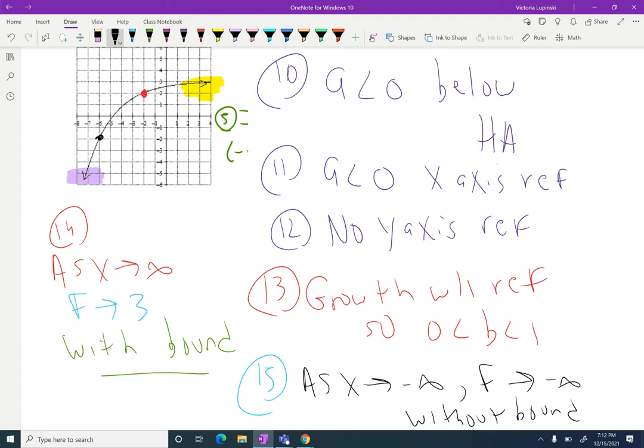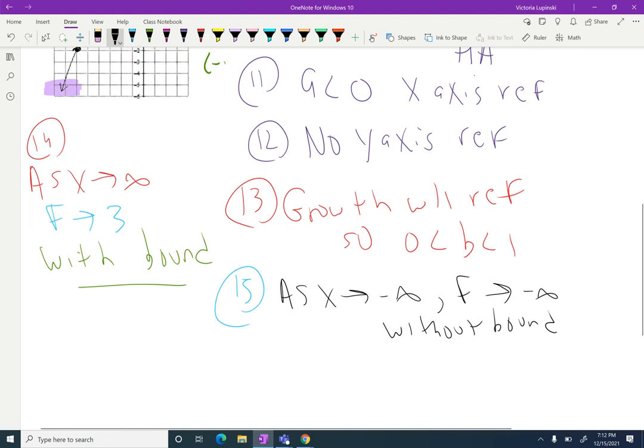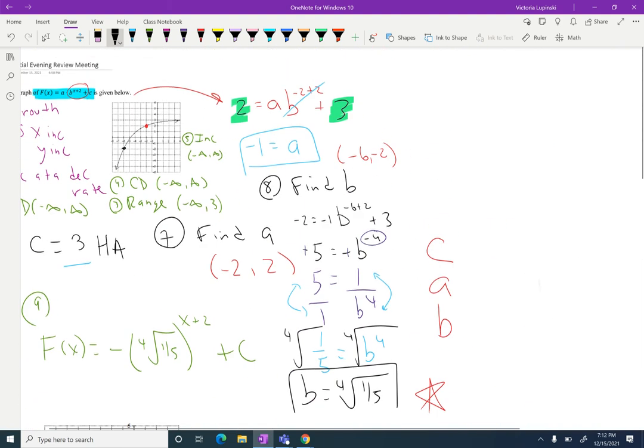I think the only other thing that I have on my list here is talking about the transformations. So again, that might be a good thing to do since some of us were having trouble with that in class.